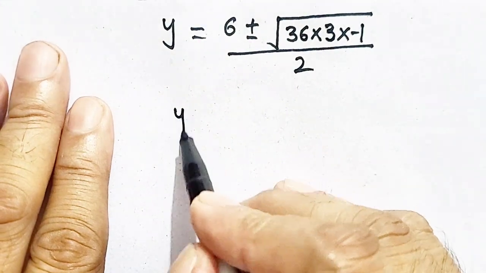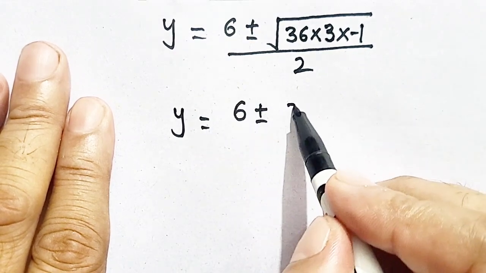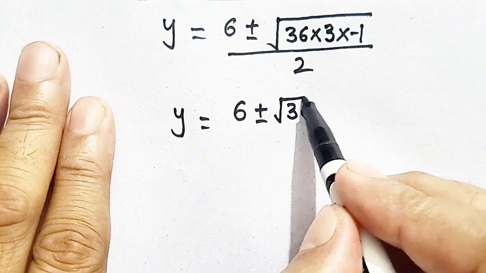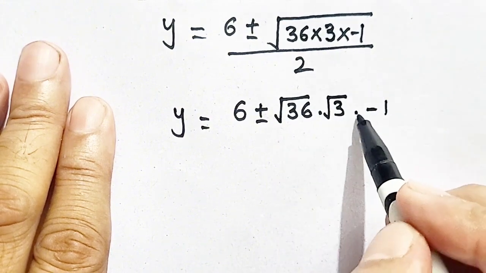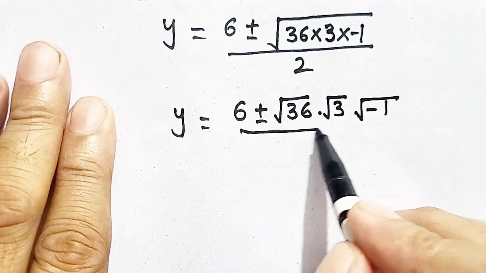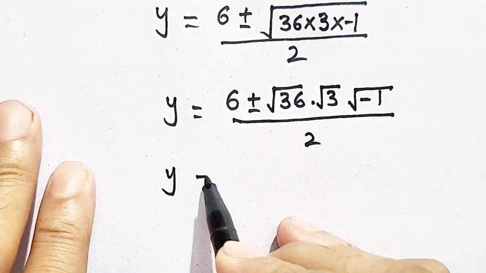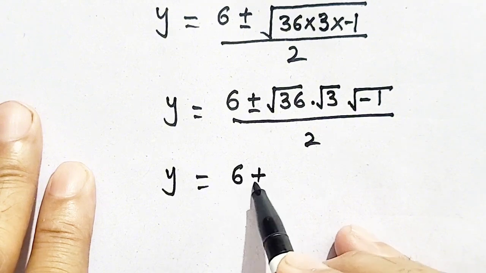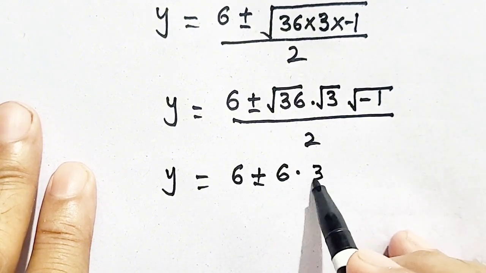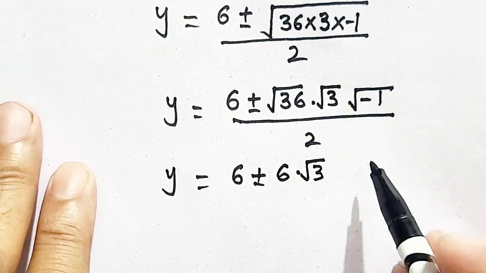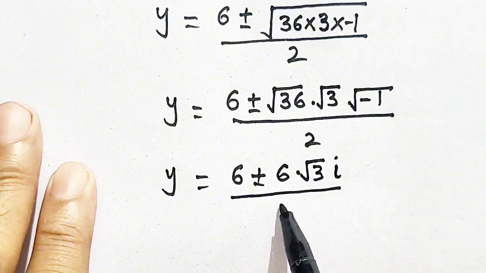So y will be equal to 6 plus minus square root of 36, square root of 3, square root of minus 1, divided by 2. So y will be equal to 6 plus minus square root of 36 is 6, square root of 3, and this is the imaginary number which is called iota i, divided by 2.